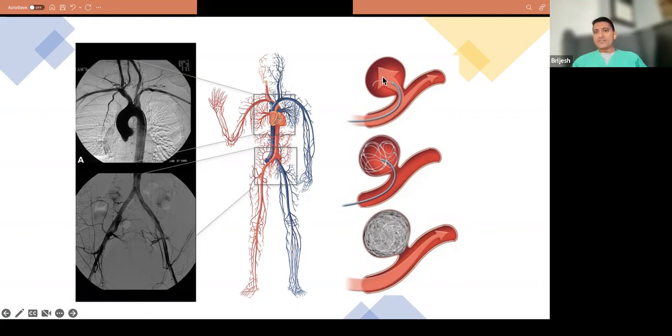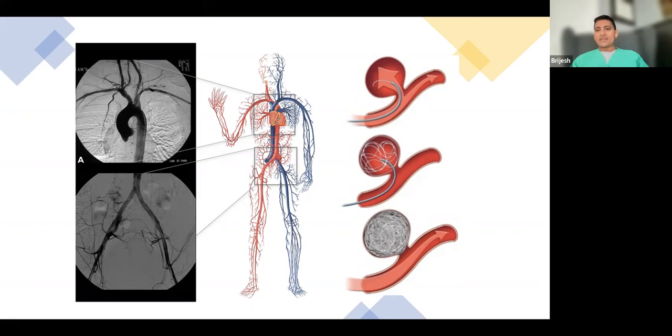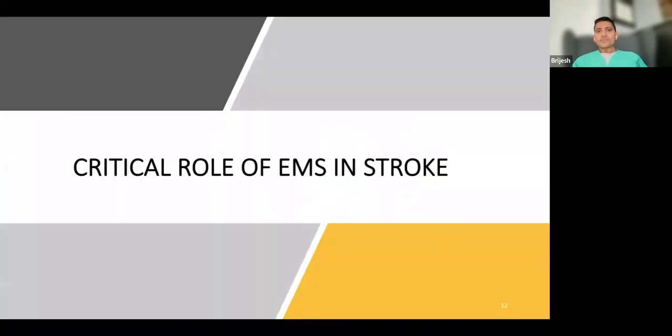We locate where the aneurysm might be, and we seal it off with coils or stents or flow diverters. There are many different treatments that can now be done to seal off aneurysms in the brain in an urgent manner.